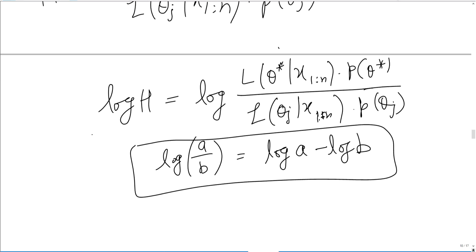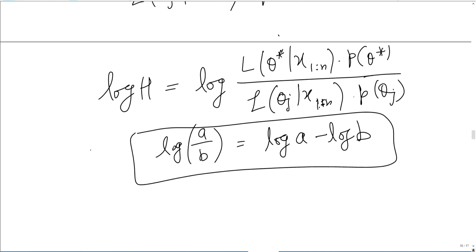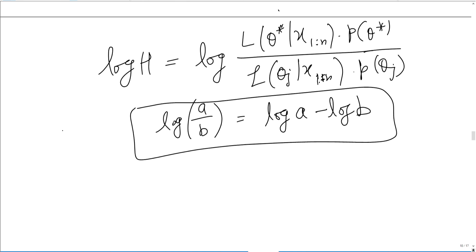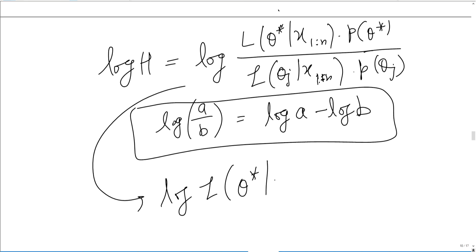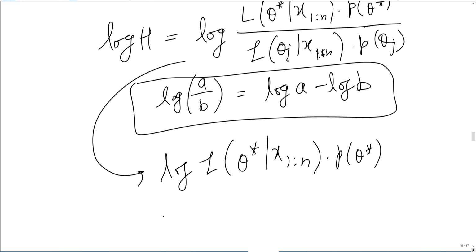So this is an identity. If you calculate log of a divided by b, you can rewrite it as log of a minus log of b. Here we are in the same situation: we are trying to calculate the log of likelihood times prior for the proposal divided by likelihood times prior for the current state. So we can rewrite this as log of the likelihood and prior of theta star minus log of the likelihood and prior of the current state of the chain.